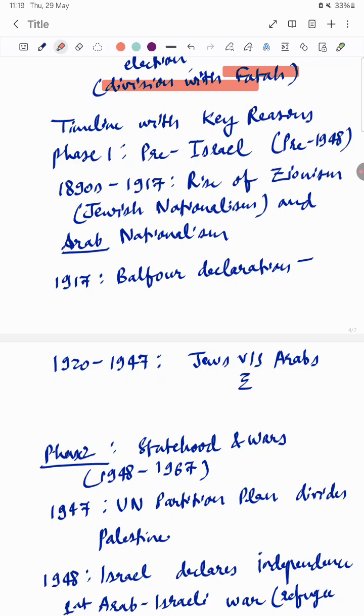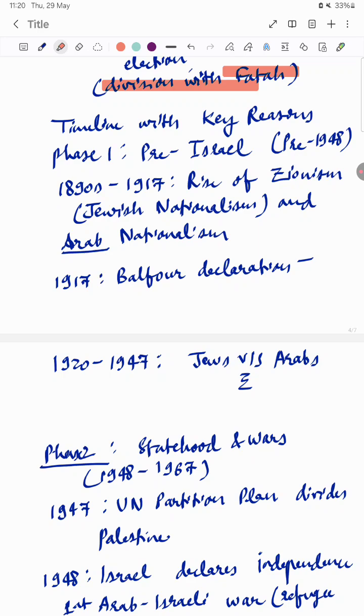We divide it into 4 phases: first, the pre-Israel phase; then statehood and wars; third, occupation and resistance; fourth, peace process and breakdown. The first phase is pre-Israel, that is pre-1948.